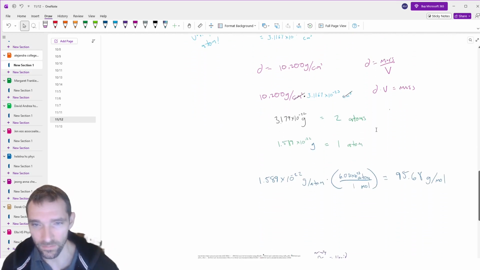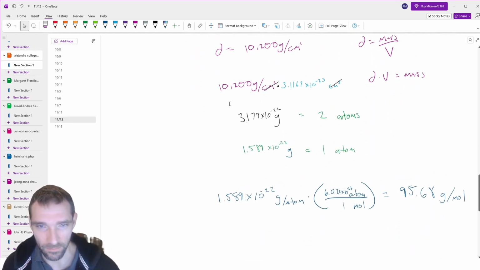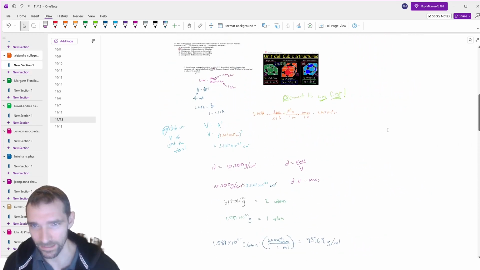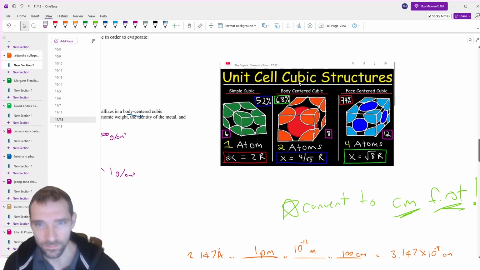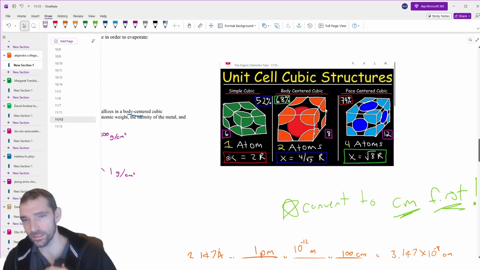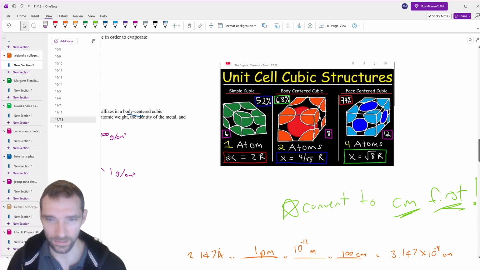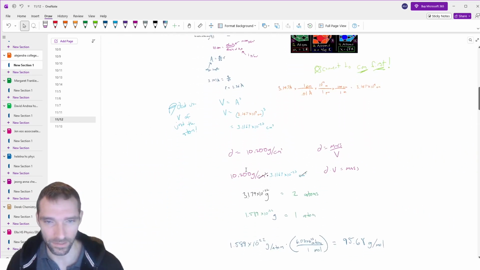And as a result, we need to be considering that the amount of weight in that volume corresponds to, in this case, two atoms, because we had a body-centric cubic pattern. So there's about two atoms in a body-centric cubic pattern. So if we have the volume that's appropriate for this stacking, you need to consider there to be weight corresponding to two different atoms there.